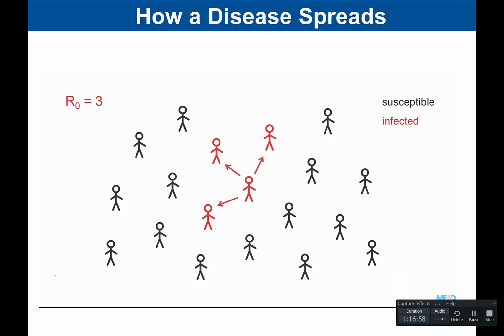R0 for the novel coronavirus SARS-CoV-2 has been estimated to range somewhere between 2 and 3. So let's say this COVID-19 patient gives the disease to these 3 individuals. And let's say these 3 individuals give the disease to 3 other individuals in turn. Then this is what the situation will look like after some time.